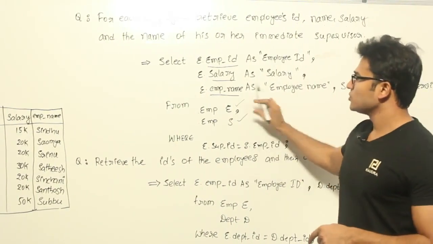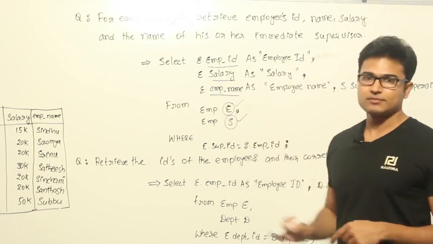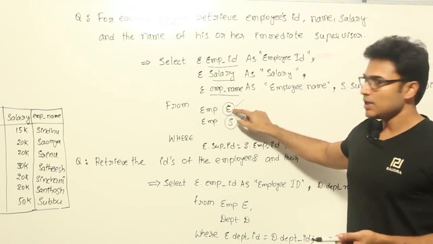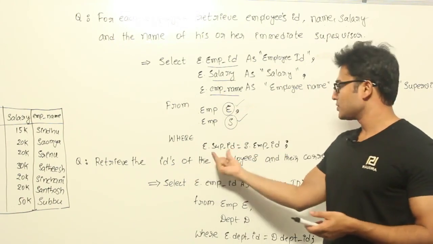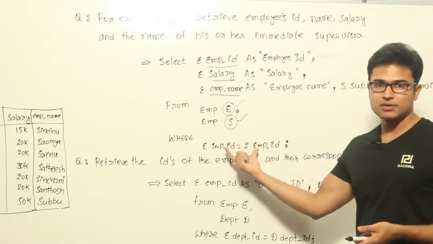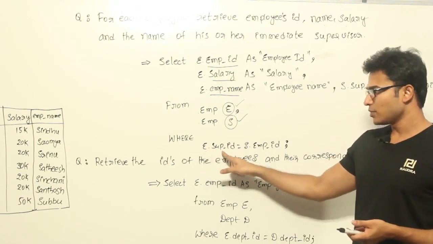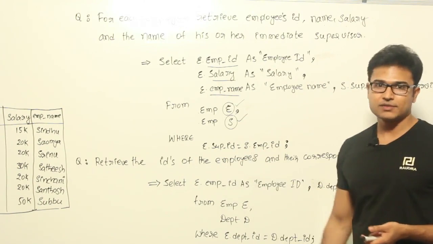And now how are we going to join is, now by calling it with 2 different names, right? So we have one instance with name E and other instance with name S. Now we can join these 2 tables based on this condition. This is the join condition. So how are we pairing up every employee is, we see the employee supervisor ID and then we pair it with the corresponding supervisor, right?